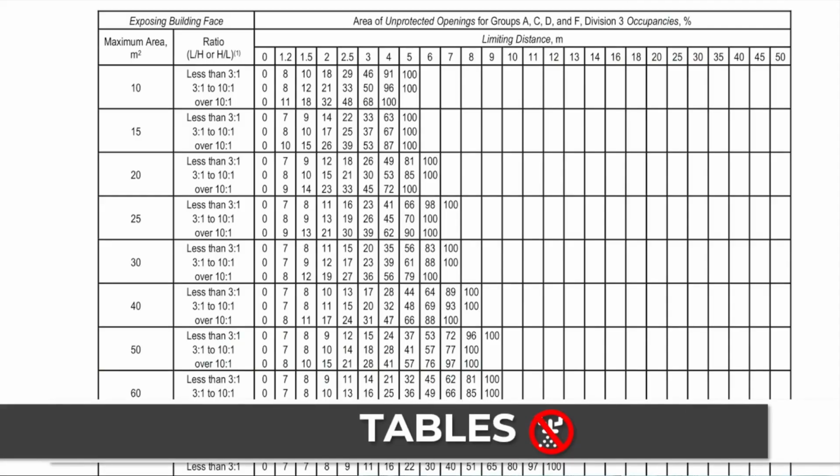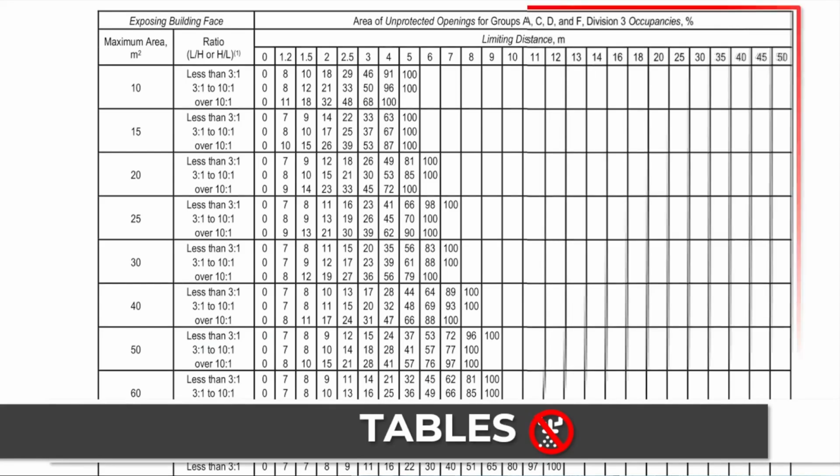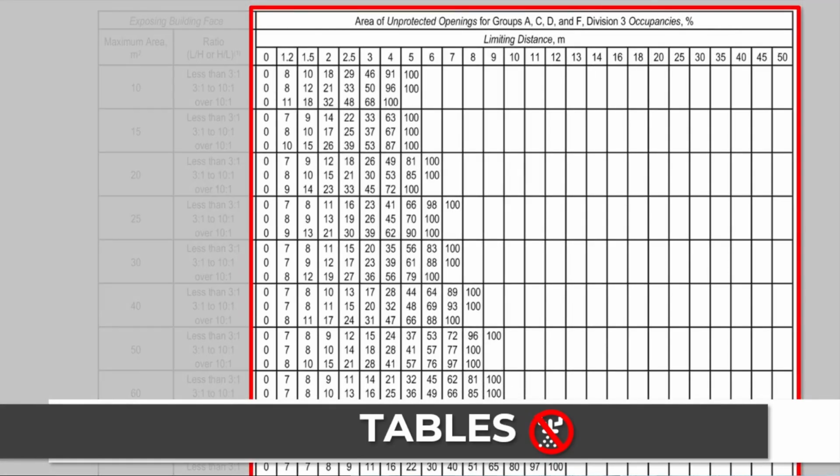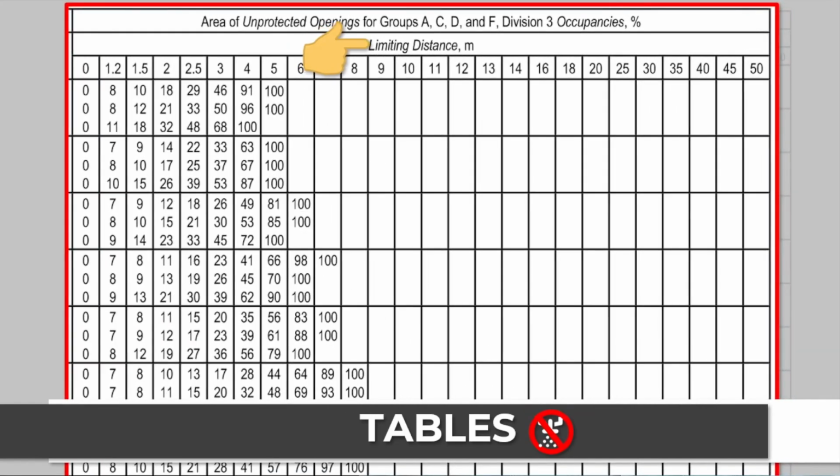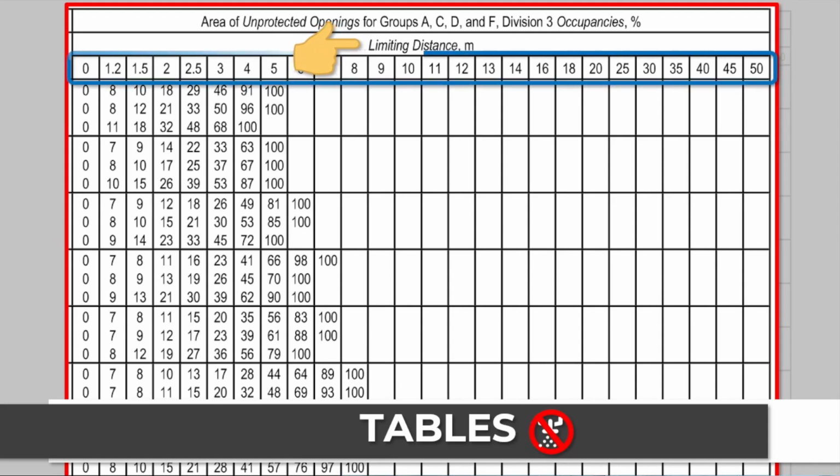Now, the other thing we have to do is find the correct column. And that's where the right-hand side of this table comes into play, this portion right here. The header for it, the top row of numbers, is the limiting distance in meters. So that distance that we've been talking about at the beginning of this video. In this table, it goes from 0 all the way to 50 meters.